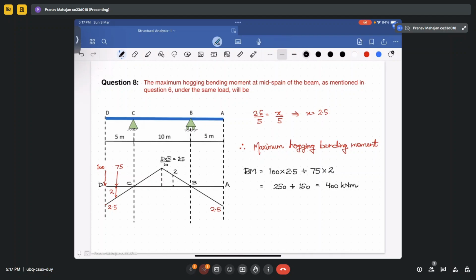So this is your case one. If you have used another case, what would have happened?